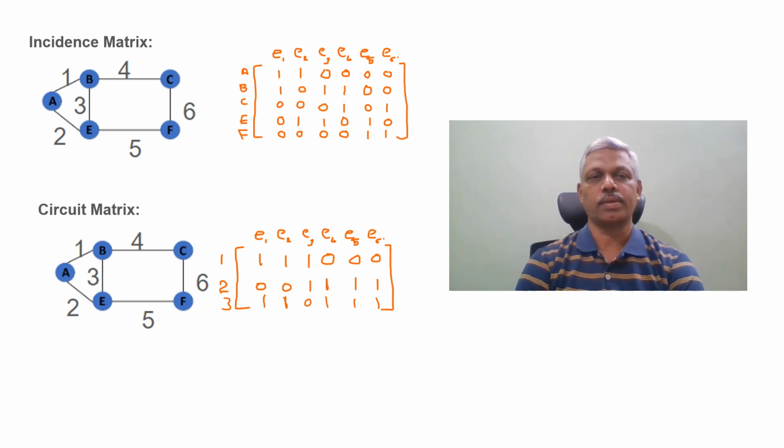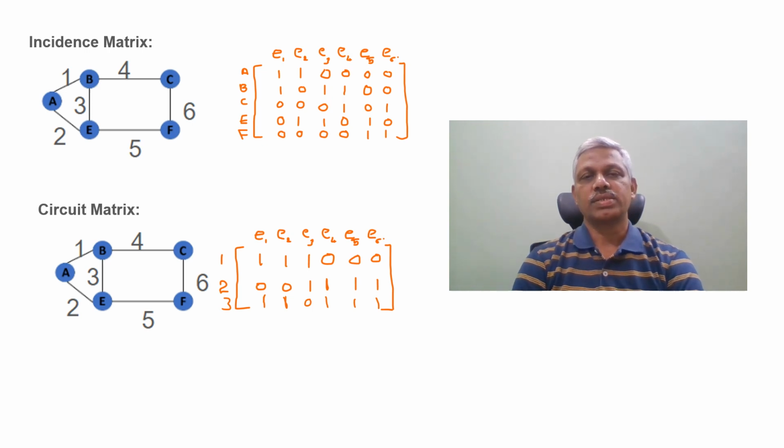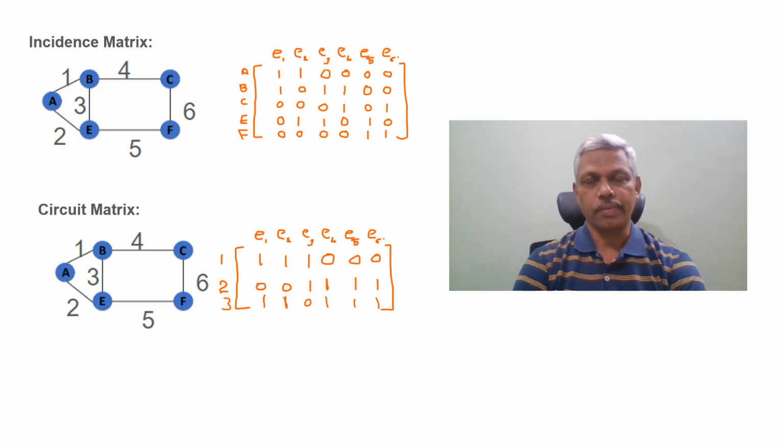For example, if I take vertex A, it is incident with 2 edges, 1, 2 are incident on A. So for the respective places, we'll keep 1. Similarly, for B, 1, 3, 4 are the edges which are incident on B. So we put 1 in the respective places, for all the remaining places 0. This is how we can represent which vertex is incident with respect to which edge. That is called incidence matrix.